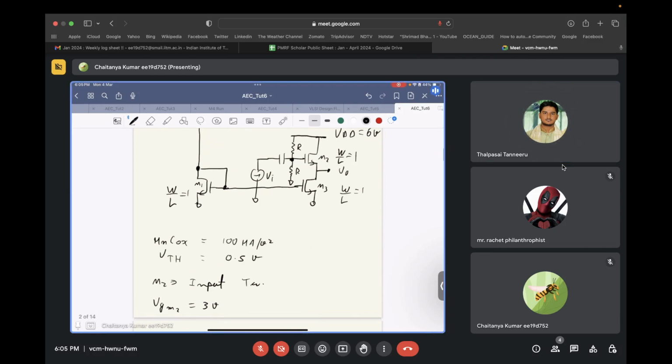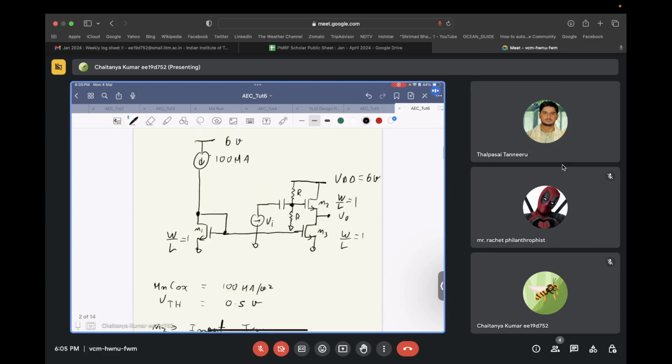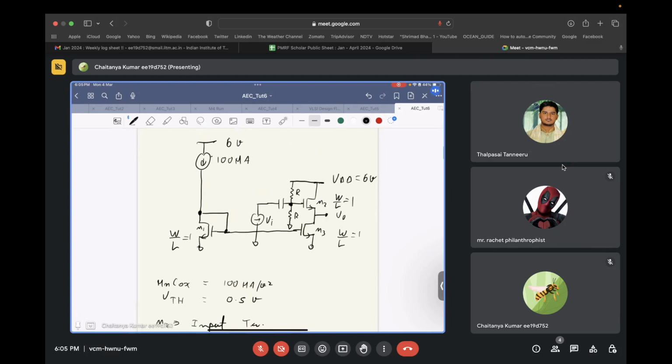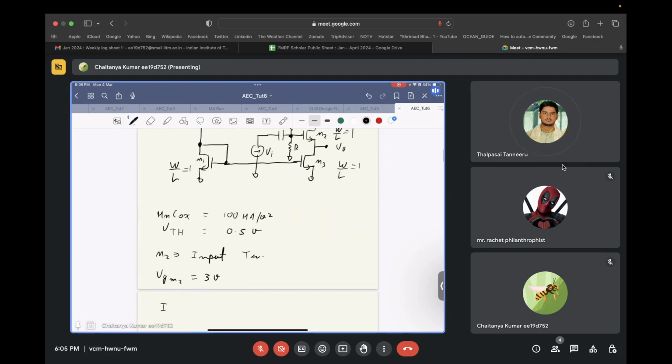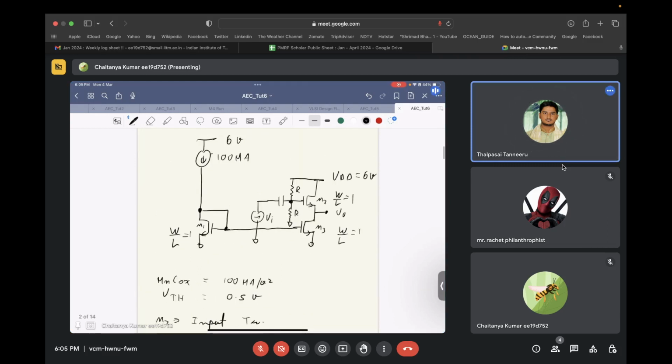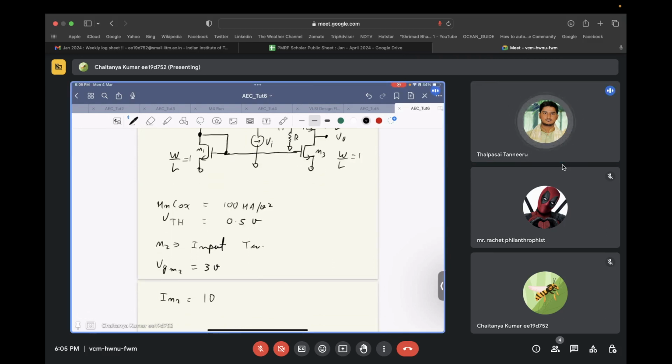Can you tell me what will be the current flowing through the transistor M2, that is I of M2? It would be the same current, sir. How much is it? 100 microamperes. Okay.